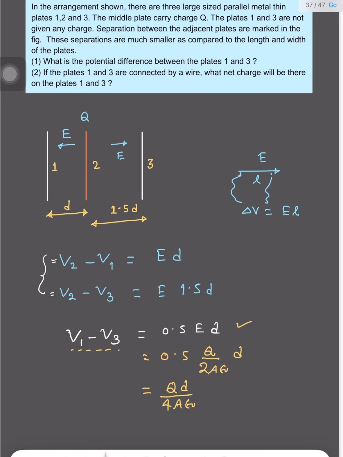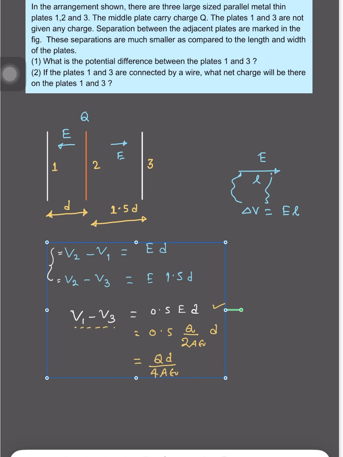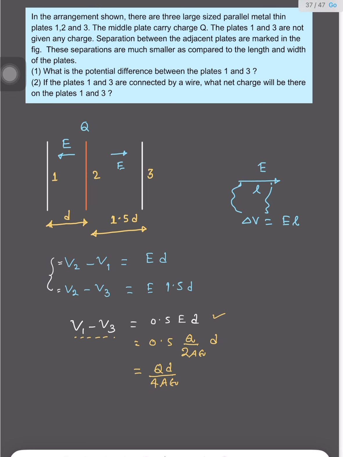And this is the answer to the first question, the potential difference between plates 1 and 3. And now we have to find the second part, which is a slightly uncommon question and a bit, you can say, tough question, not very tough.